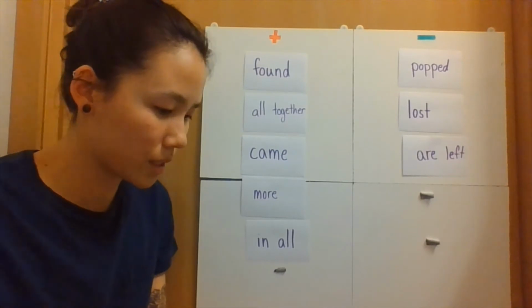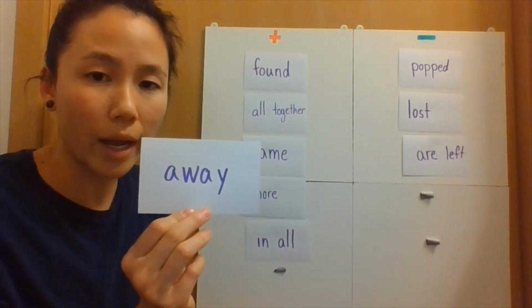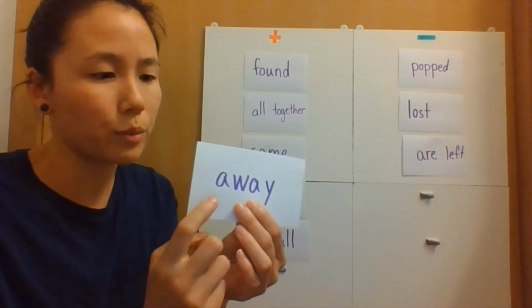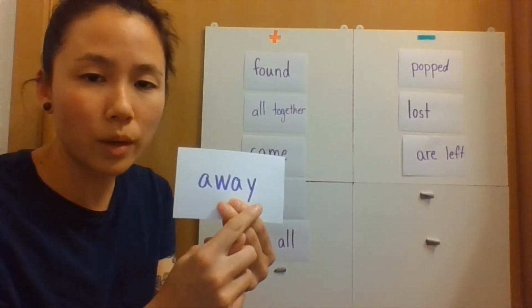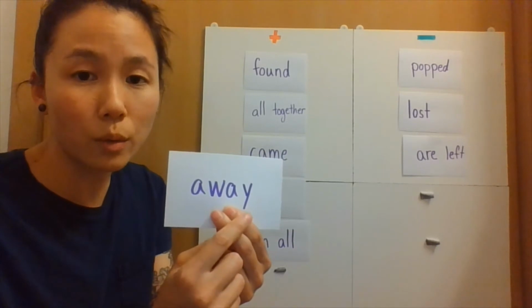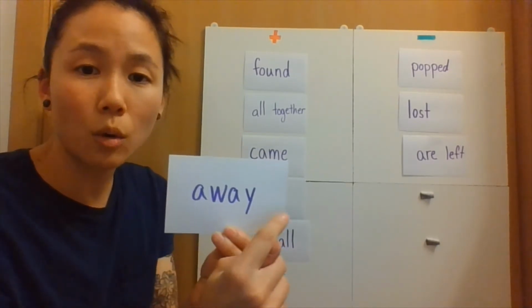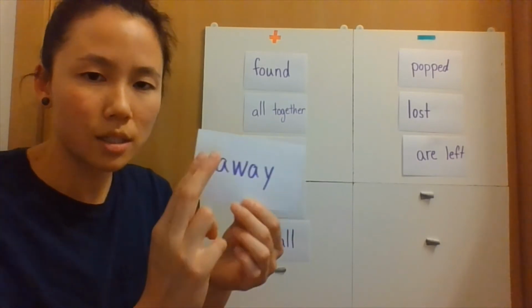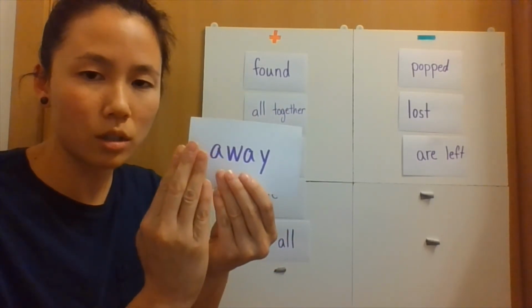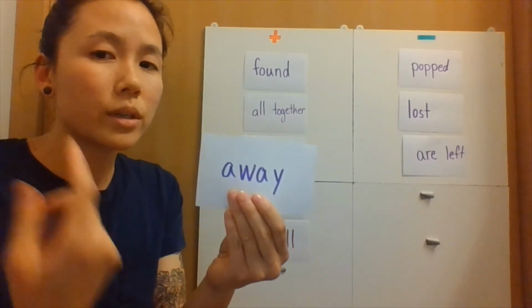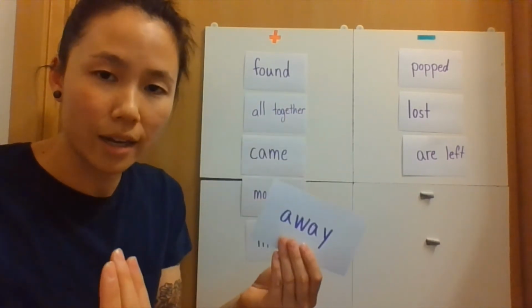The next one I want to talk about is away. So away could mean lots of different things, right? We could say it with ran away, we could say floated away, we could say hopped away. But when you have something and then something goes away, are you going to have more or less?